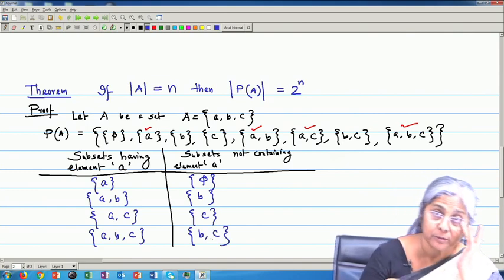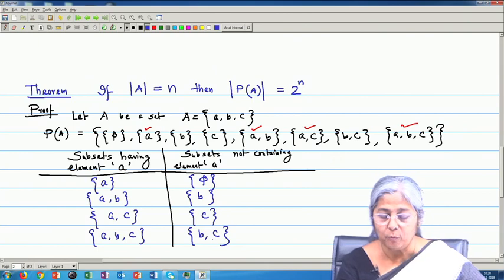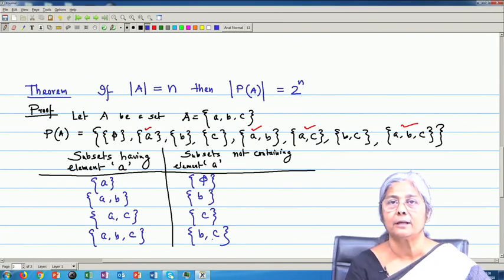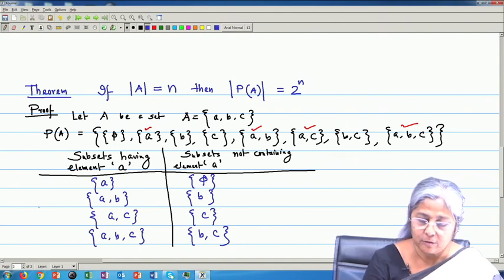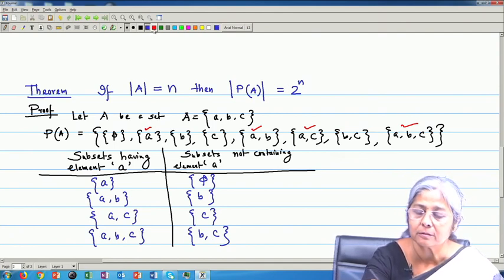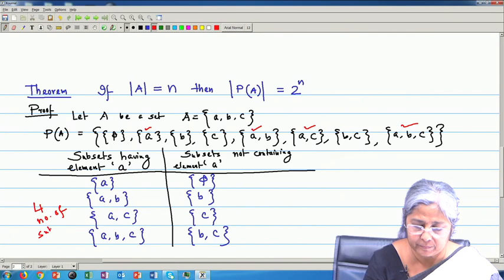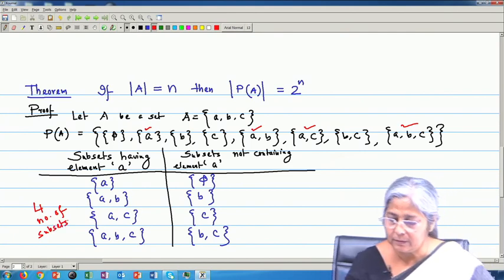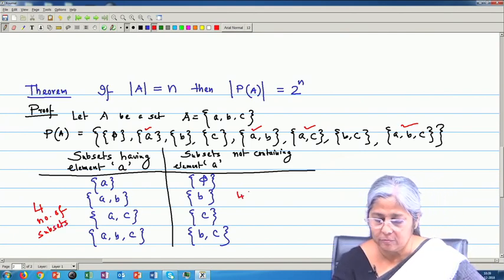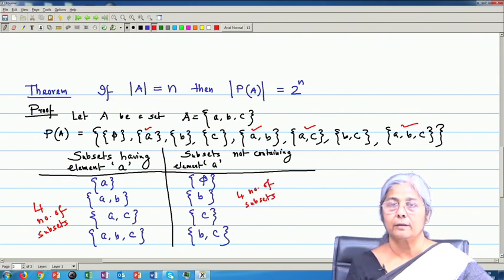So, the property we see is that in both classes the number of elements is the same. Here it is 4. This class contains 4 subsets, and this class also has 4 subsets.